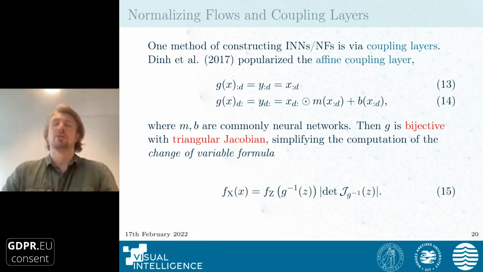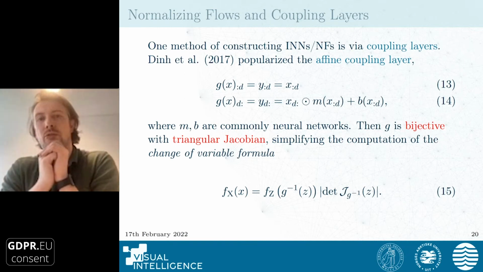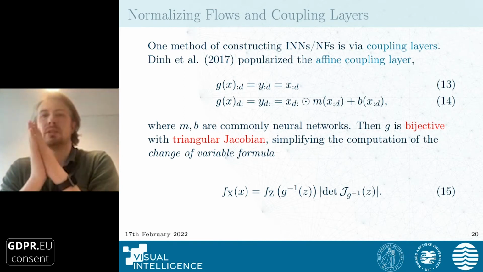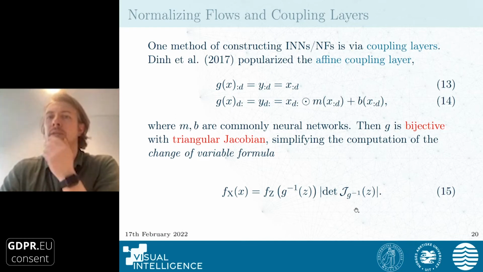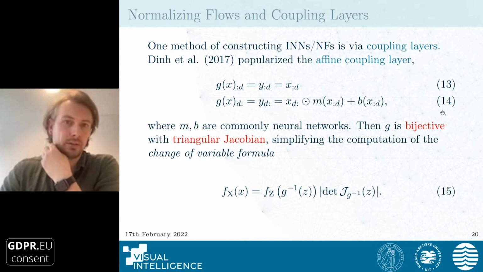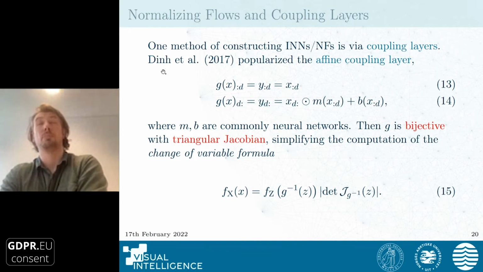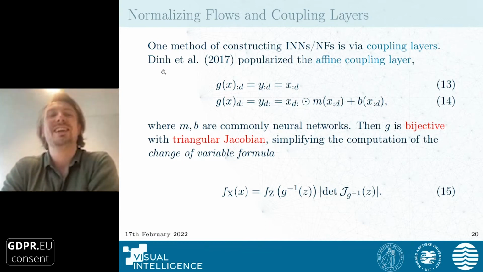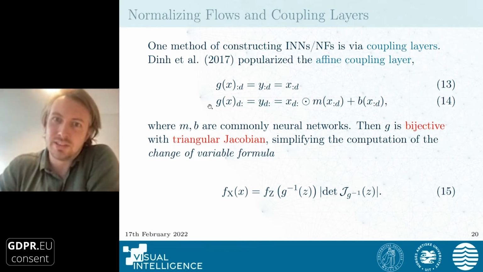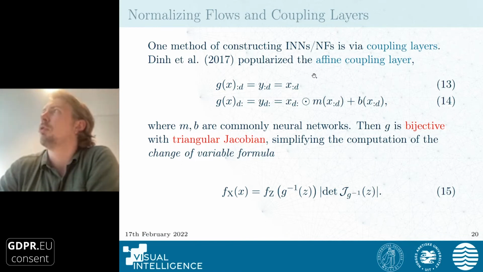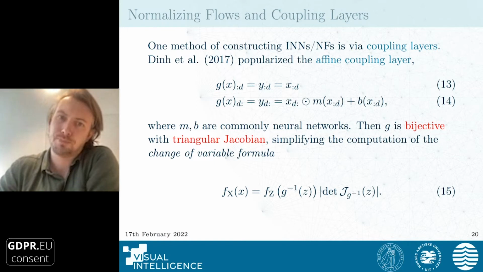One of the original methods of constructing an invertible neural network or a normalizing flow is via special types of layers called coupling layers, which were popularized by Dinh in 2017 with affine coupling layers in a model called RealNVP.